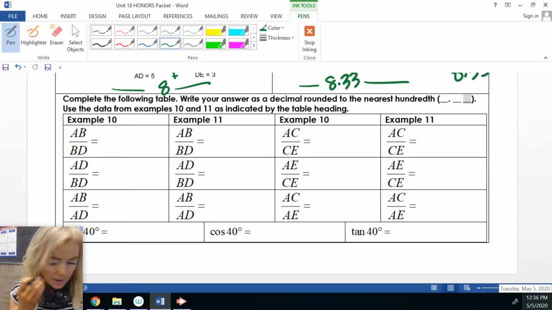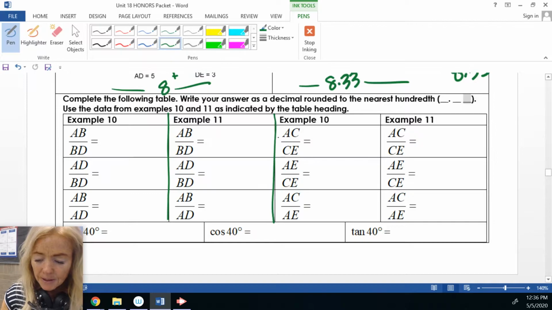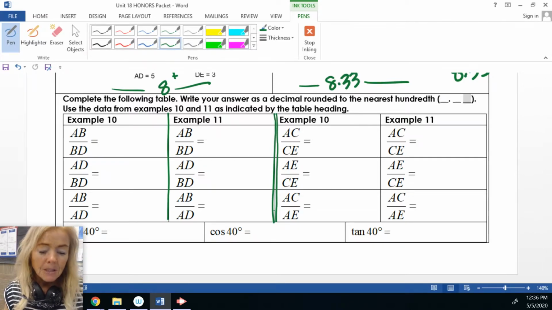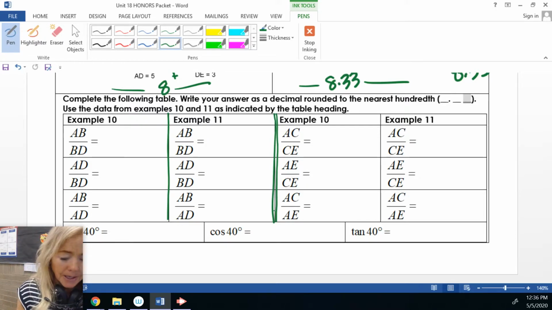Now notice there's a little line here, example 10, and example 11, so we're looking at the two different examples that you see above. As you check your paper for example 10, AB is along the vertical side, and it's 4.2, and then BD is the hypotenuse, and it's 6.53.